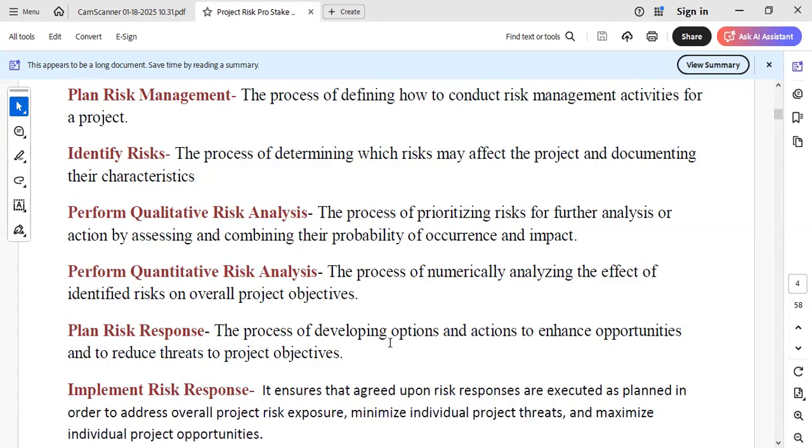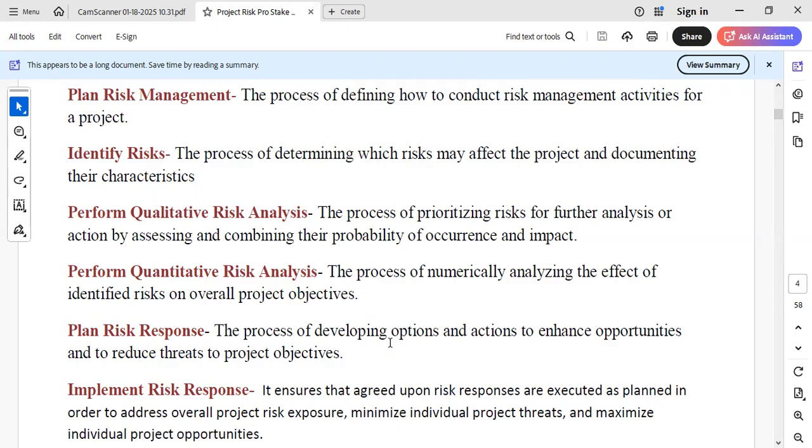That is the responses. What would we do? This is where I'm going to be demonstrating some knowledge to you as regards how to respond to risk. There's a terminology I have, which I call the CATM.